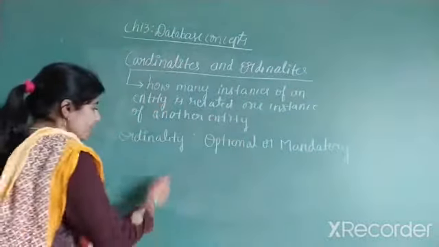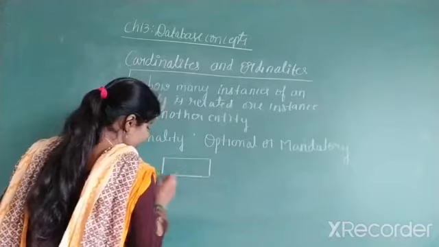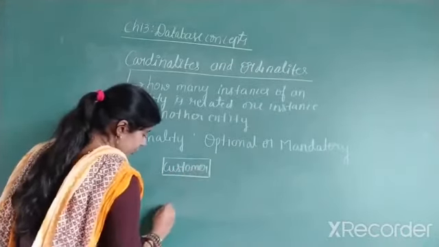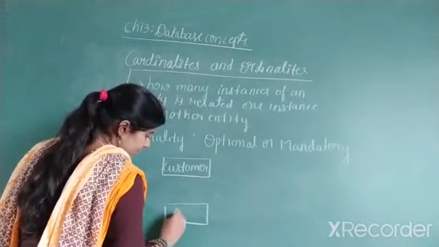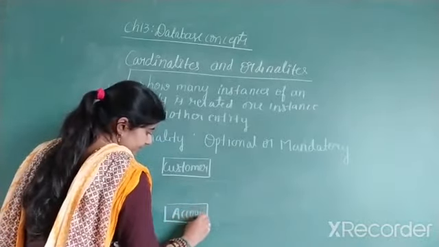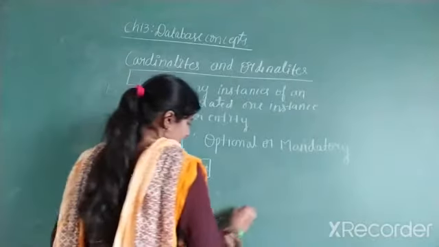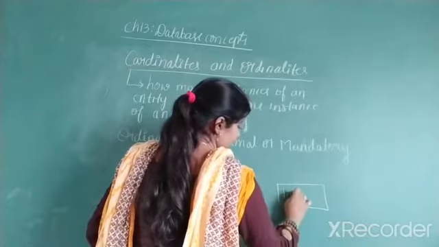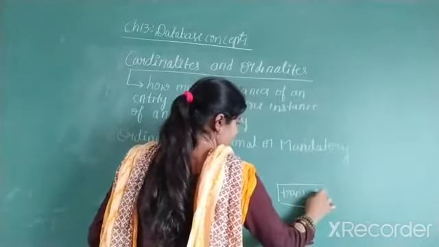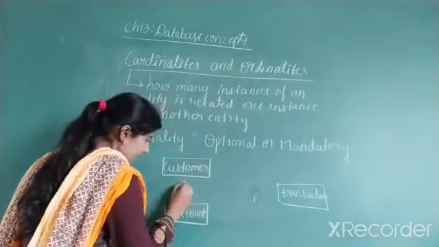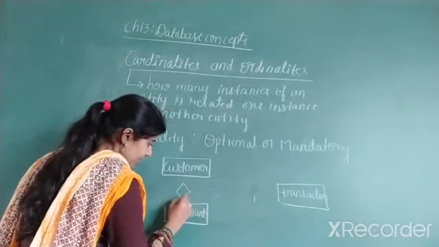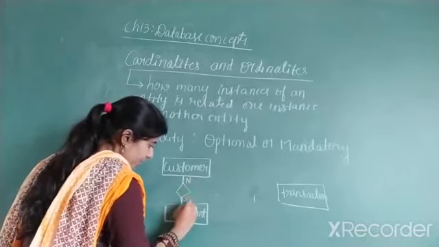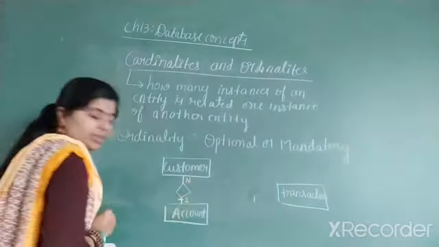For example, if you consider the customer is an entity, and account is another entity, and the transaction is one more entity. Now I am establishing a relationship between these, so that there are n number of customers having only one account, right?